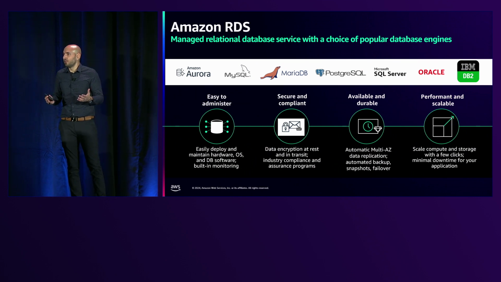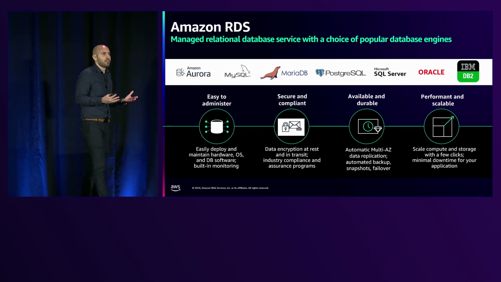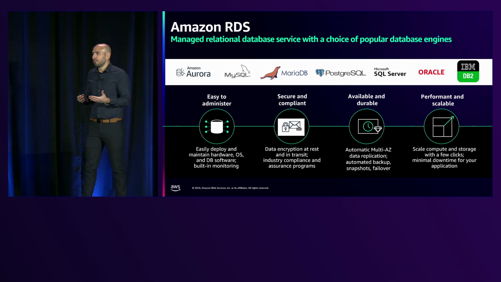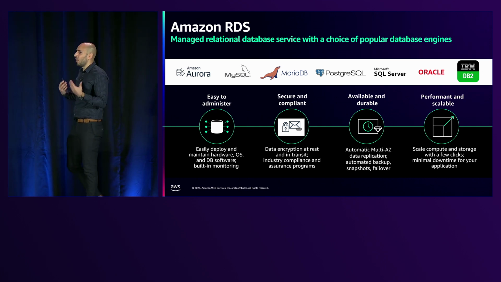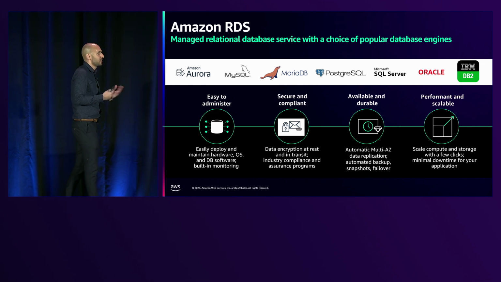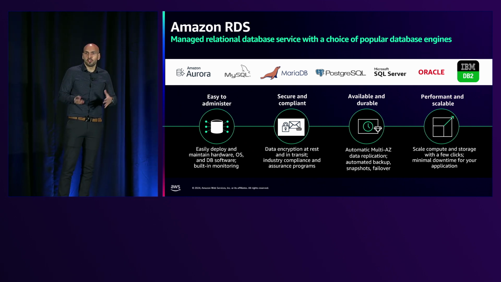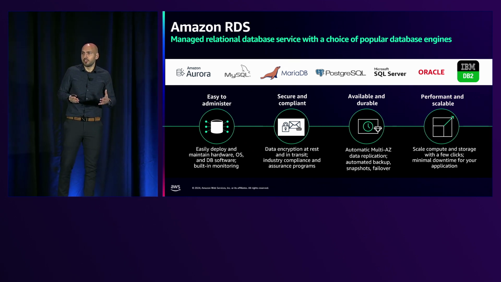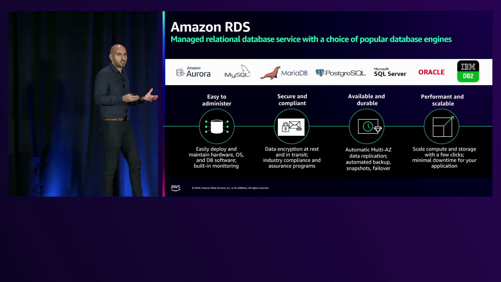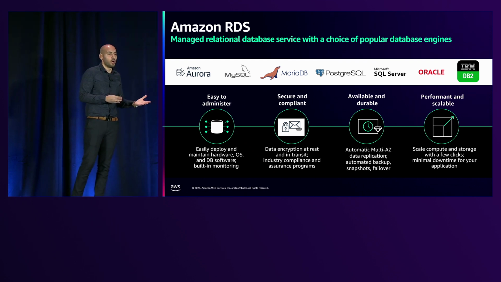I assume many of you are already familiar with Amazon RDS, but just to level set, it is a fully managed relational database service. With Amazon RDS, you're able to spend time innovating and optimizing your applications rather than focusing on the operational database management tasks like upgrades, backups, provisioning, etc. It supports commercial engines like Oracle, SQL Server, and DB2, as well as open source engines like MySQL, Postgres, MariaDB, and Amazon Aurora.